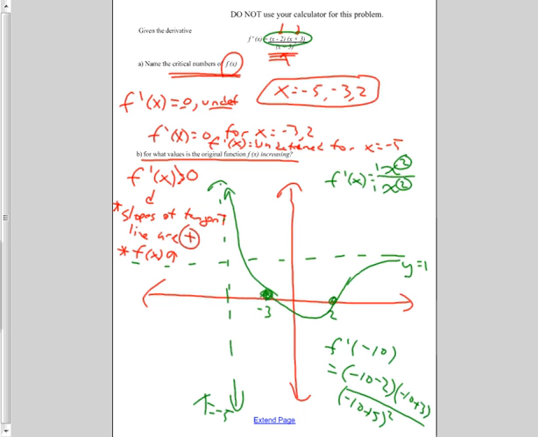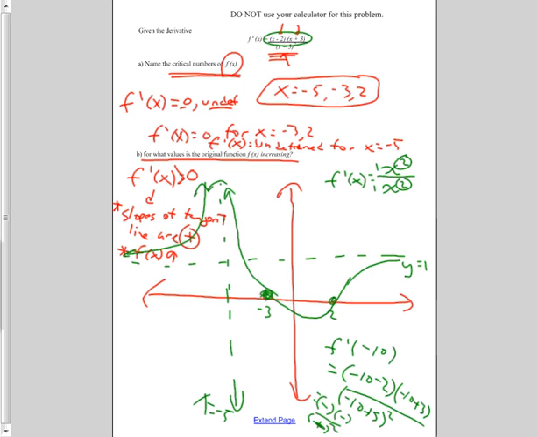So this is going to end up being negative times a negative, all divided by a negative squared. Negative times a negative is positive, divided by a negative squared, which is a positive. We know that my derivative is going to be positive. So given that it's positive, the only thing it can look like is something like that.